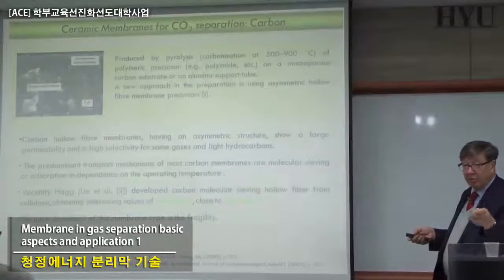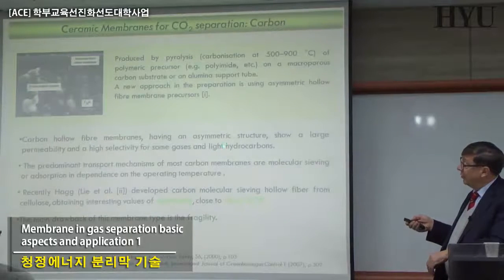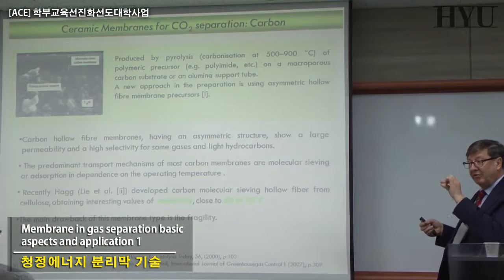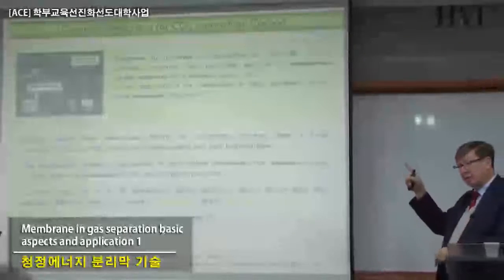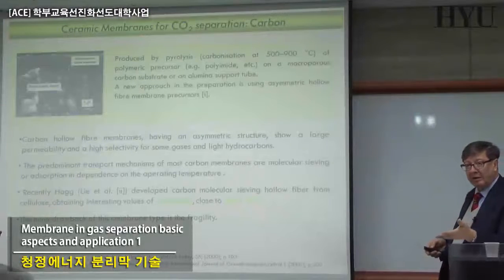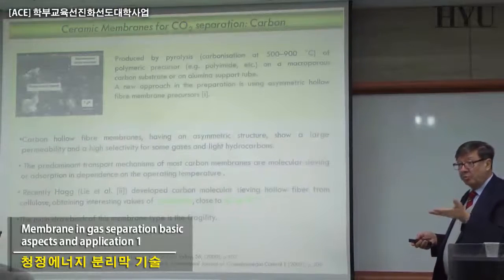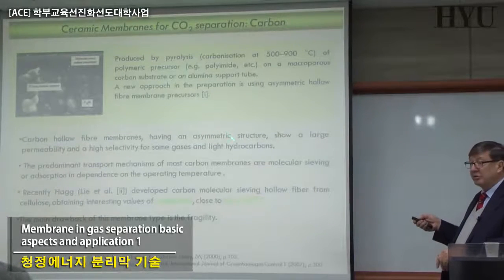One way to solve the problem, as we already discussed in reverse osmosis and other systems, is to have an asymmetric structure, where the real membrane is only a very, very thin layer, of the order of 1 micron, eventually less than 1 micron, on a porous support. That means a typical asymmetric structure.